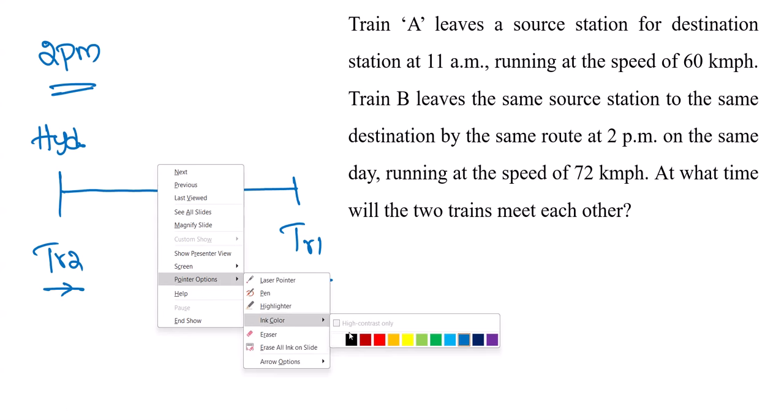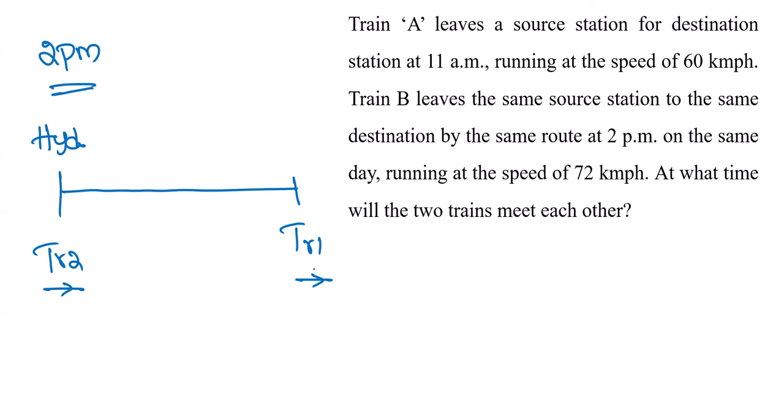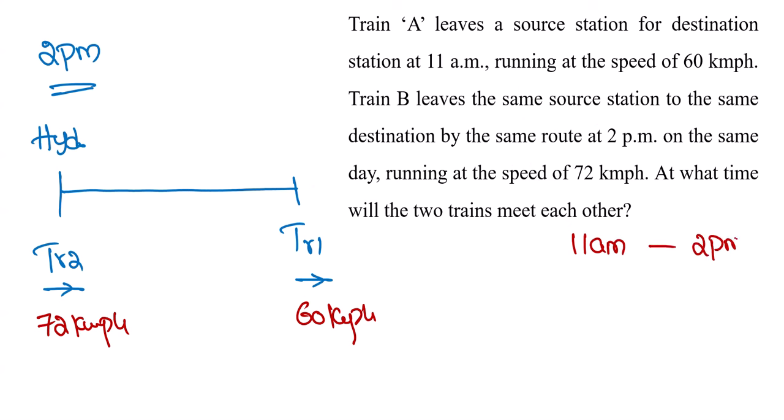Train one's speed is 60 kilometers per hour, whereas train two's is 72. In the 3 hours from 11 a.m. to 2 p.m., train one travels 60 per hour, so 3 hours means 180 kilometers already traveled.